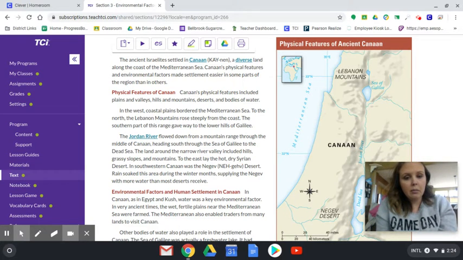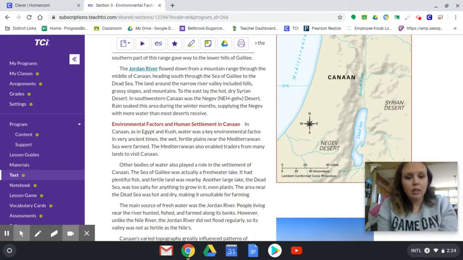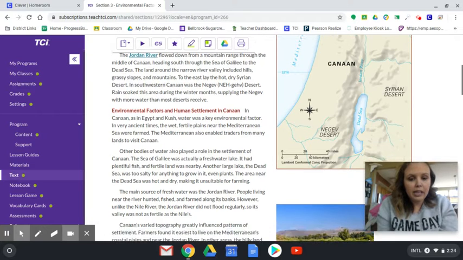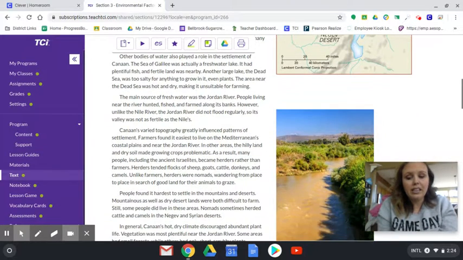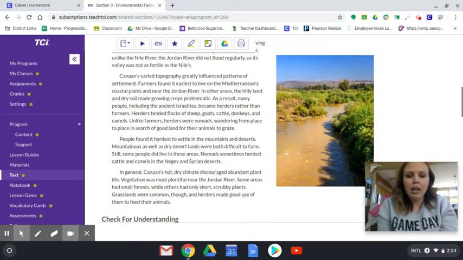The Sea of Galilee is actually a freshwater resource too, which is interesting because you usually don't see seas being a freshwater resource. This was a really great area to live because of all the water resources. We know that water equals life because no water equals death, so a lot of people were in this area.